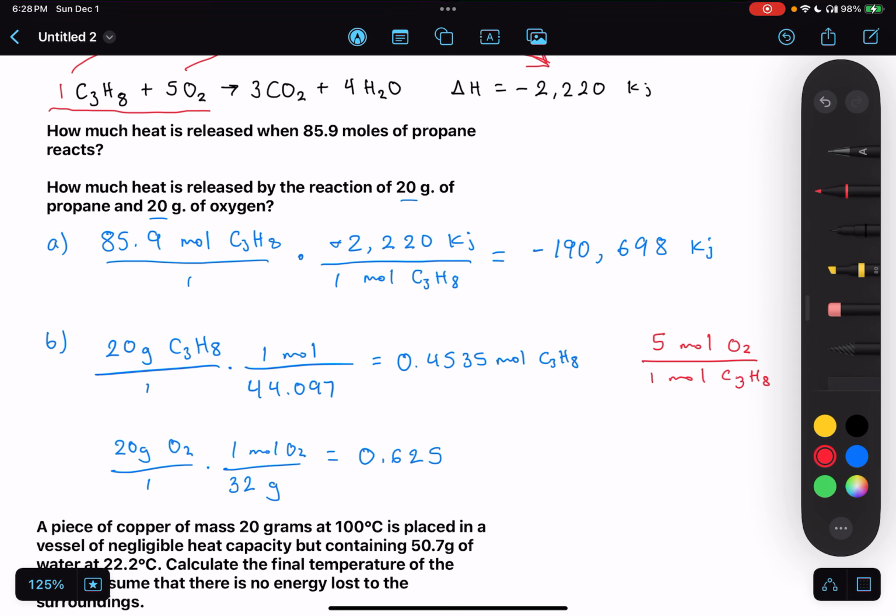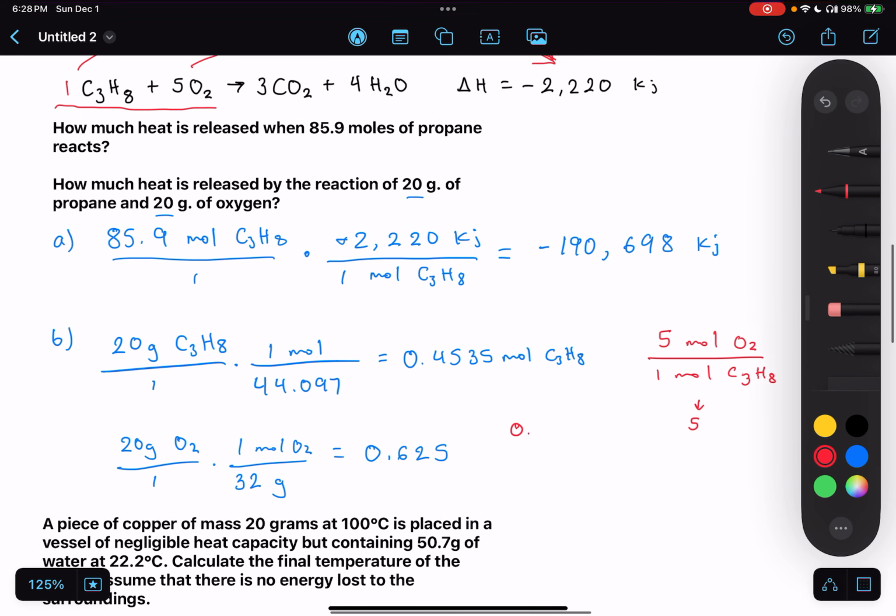But if we put in our calculator 0.625 divided by 0.45, it's going to give us something lower than that. We should have a ratio of 5. But again, 0.625 over 0.4535. We'll see if we can get that to work.